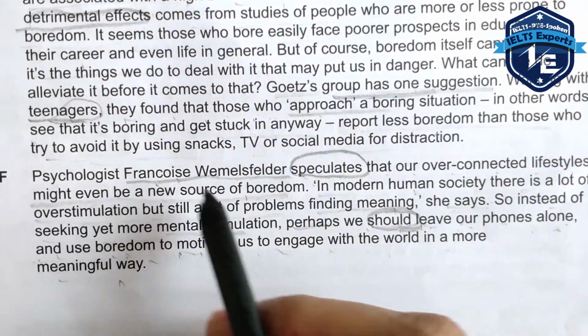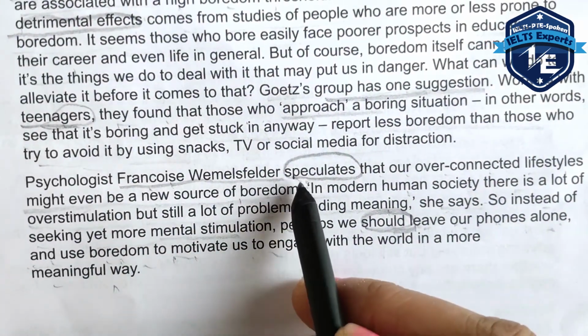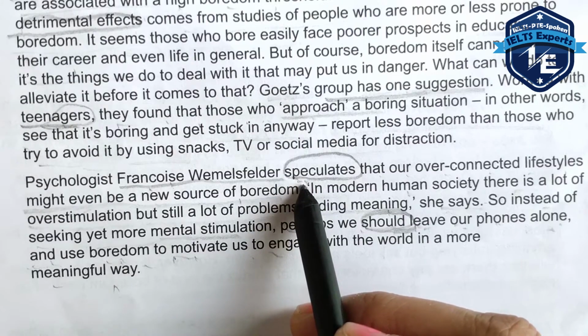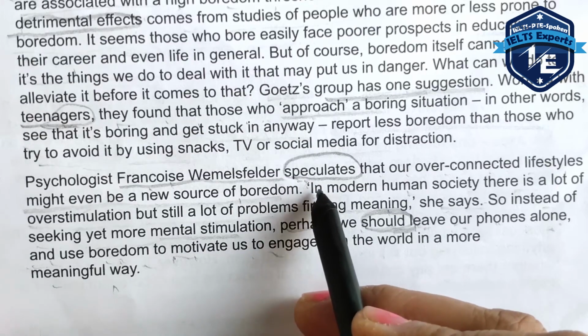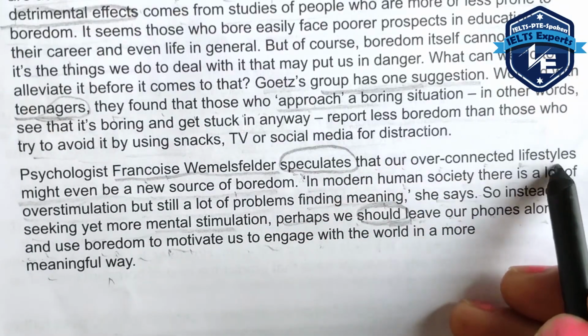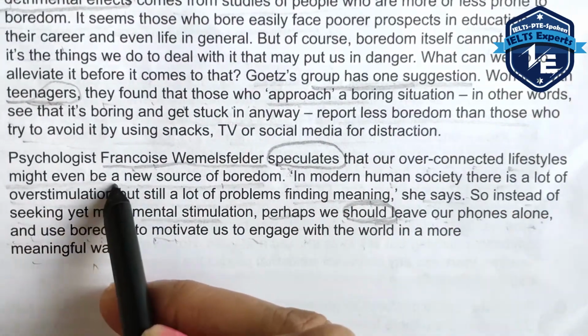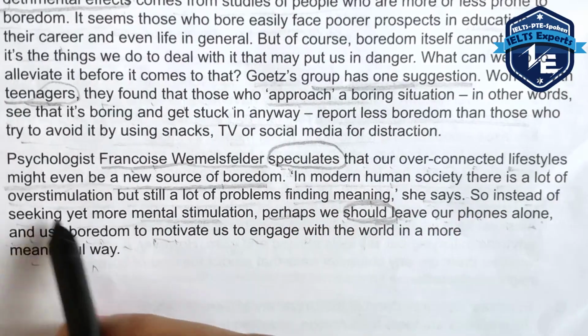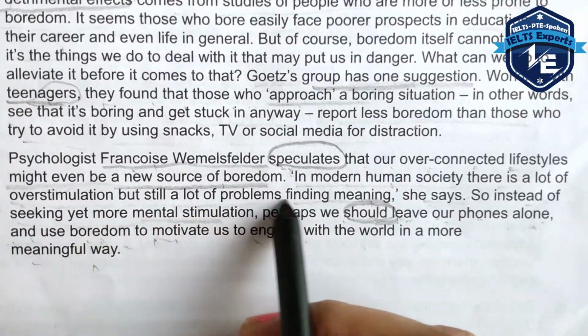She speculates, of course speculates is about the future, that our over-connected lifestyles might even be a new source of boredom. In modern human society there is a lot of overstimulation but still a lot of problems.